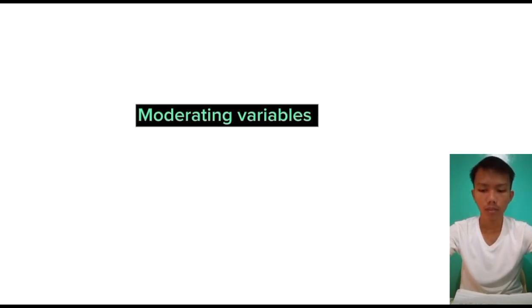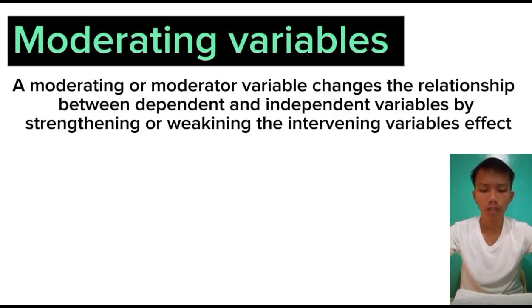The second is moderating variables. A moderating or moderator variable changes the relationship between the dependent and independent variable by strengthening or weakening the intervening variable's effect.